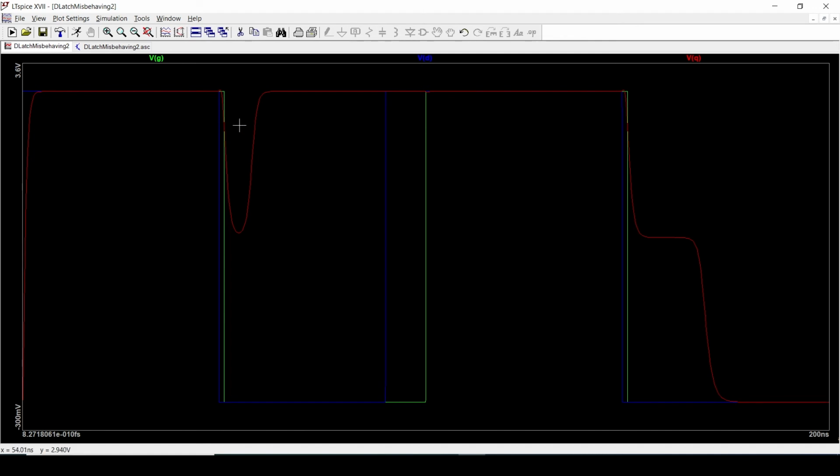They're initially at a logic 1. When the data pin drops down to a 0, that's causing the input capacitances to discharge to 0, and that will cause the output Q to start to head towards 0. However, before it's fully discharged, the gate turns off, and that then stops the input from discharging the capacitance.